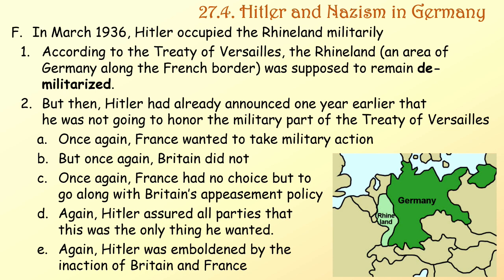Once again, France wanted to take military action, but once again, Britain did not. So once again, France had no choice but to go along with Britain's appeasement policy. And again, Hitler assured all parties that this was the only thing he wanted. And again, Hitler was emboldened by the inaction of Britain and France.